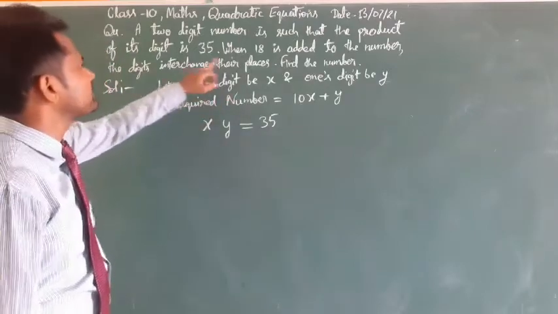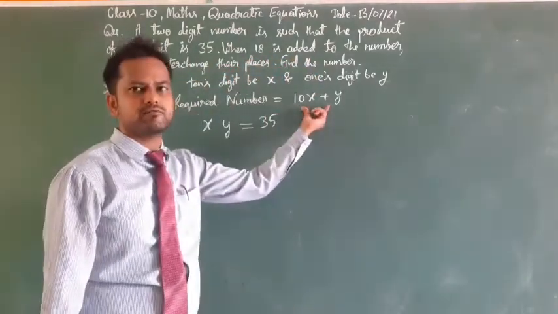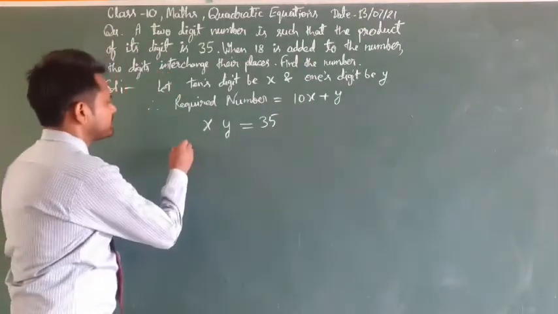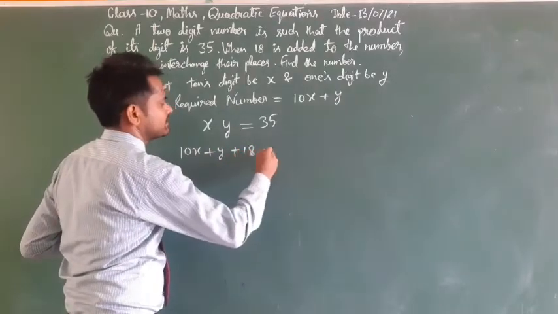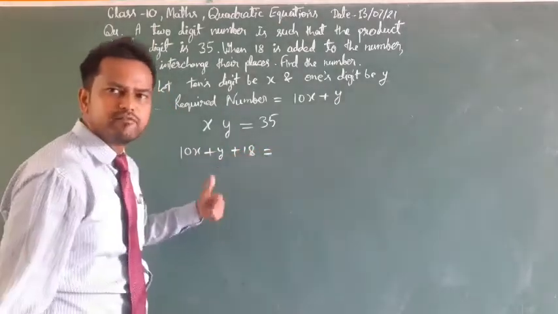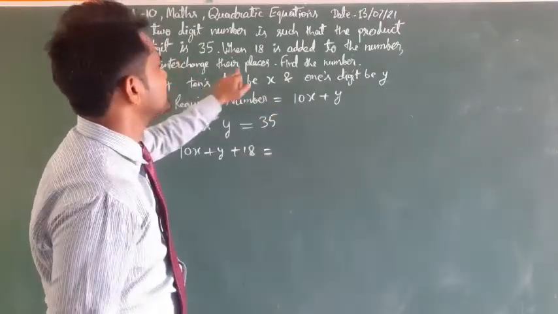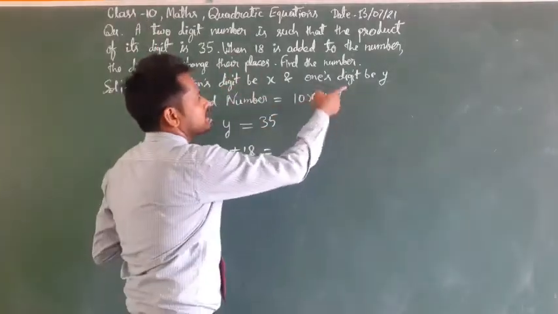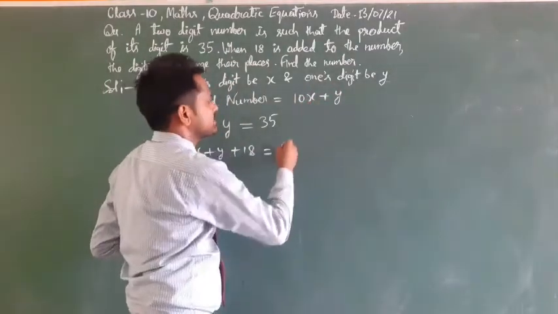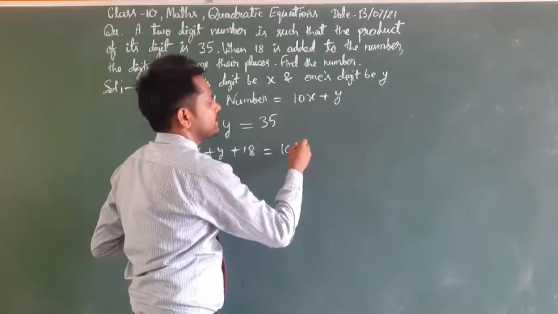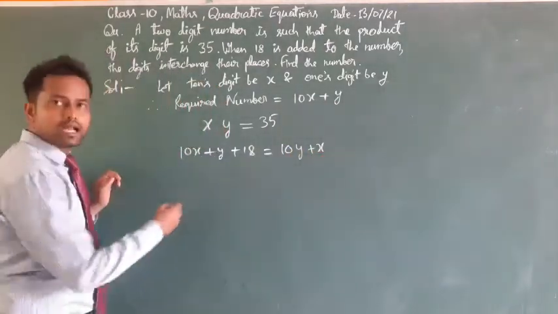And also it is given that when 18 is added to the number, we get the digits interchanged in their places. It means the number will become 10y plus x. Got it?